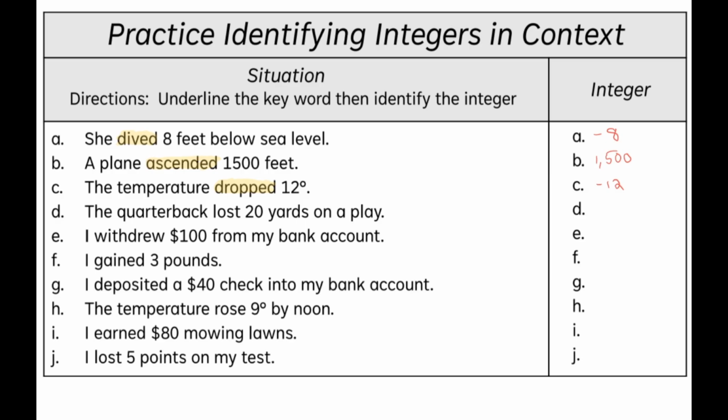The quarterback lost 20 yards on a play. Yikes. That's a lot of yards. Our key word is lost. So let's highlight that. Lost 20. So that is a -20.